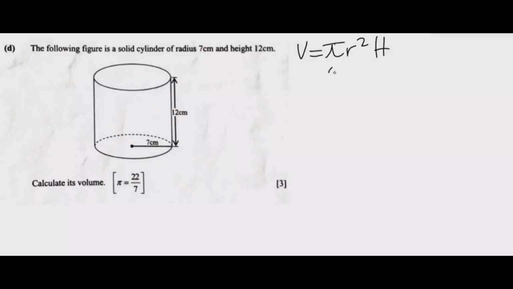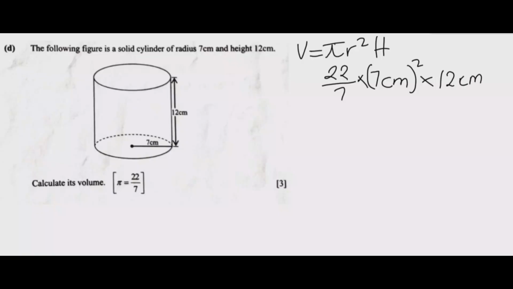So we're going to have 22 over 7 times, now remember it's r squared, so we open bracket and say the radius is 7 cm, which is here. I hope you can see the 7 cm here. That's the radius. So we say 7 cm, then cross bracket squared times h, which is 12 cm.